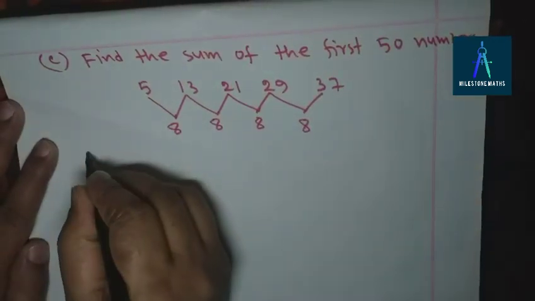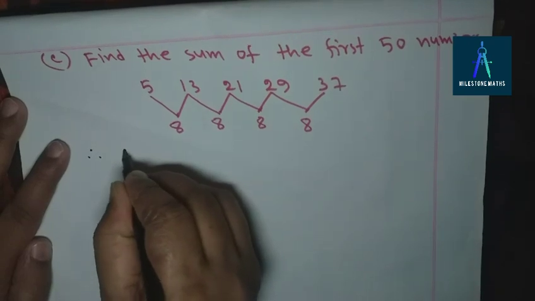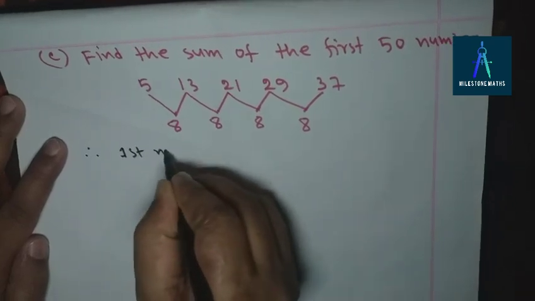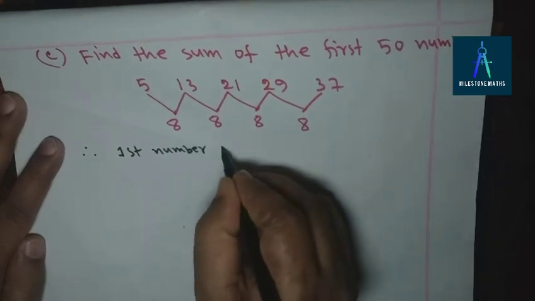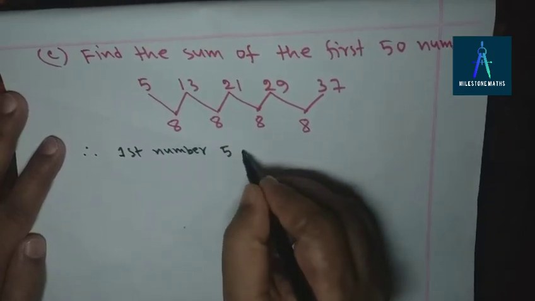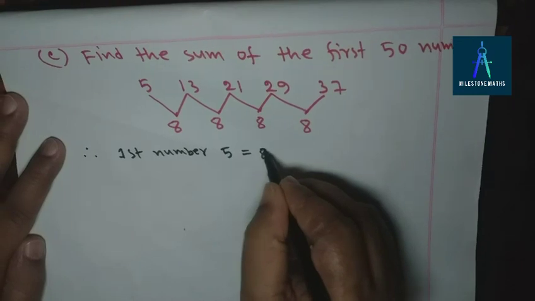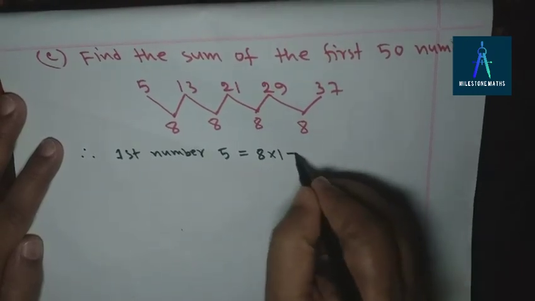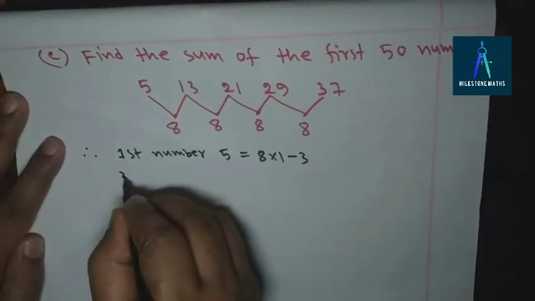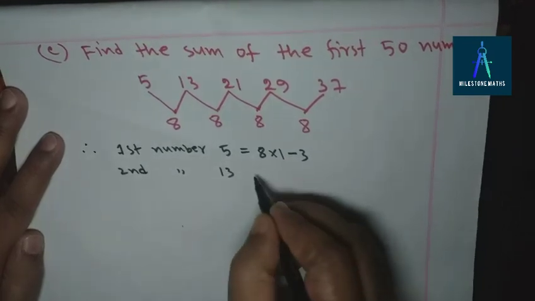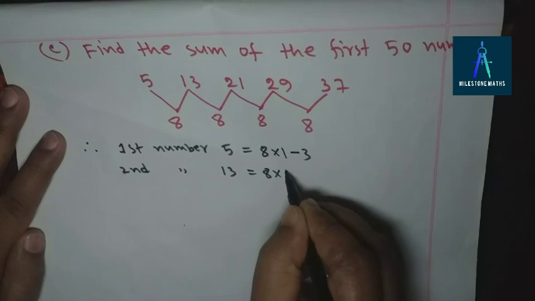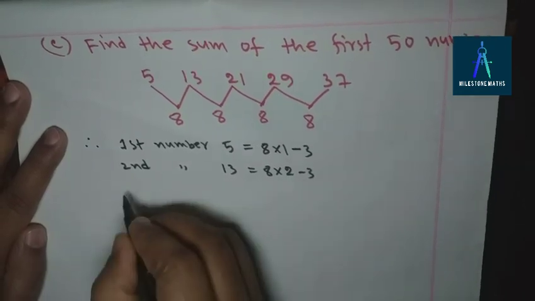So therefore you can write here the first number is 5. We can write it as 8 multiply 1 minus 3, and the second number is 13, and we can write 8 multiply 2 minus 3.